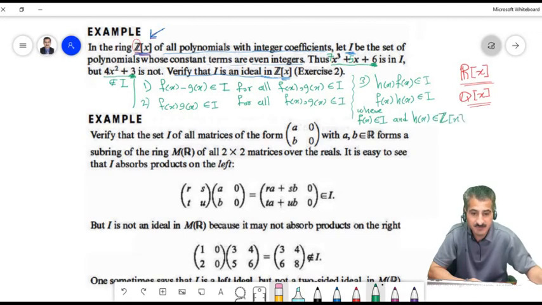So the coefficients are integers. So prove these three things, then we will be done.